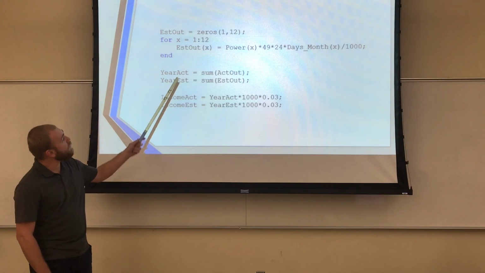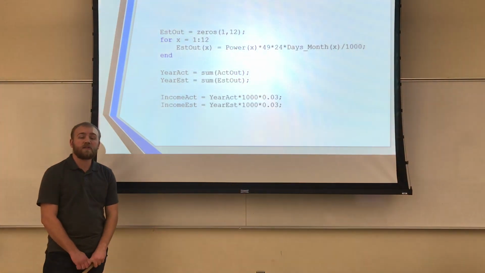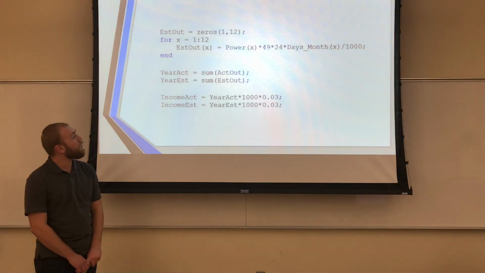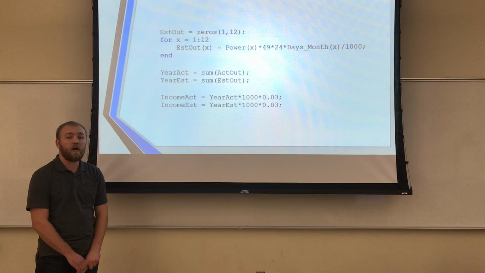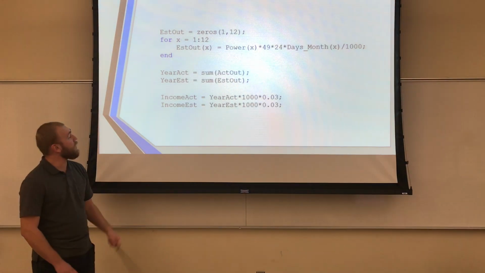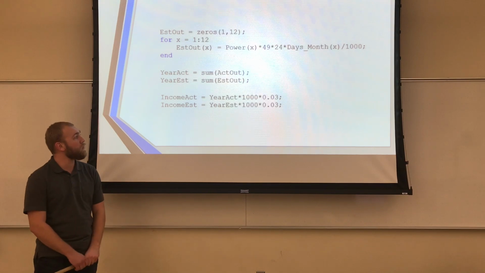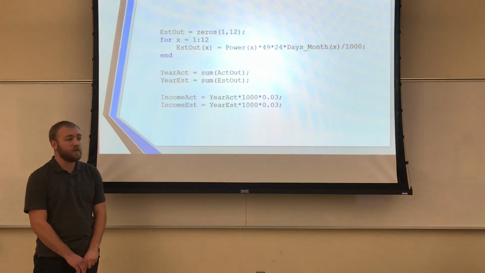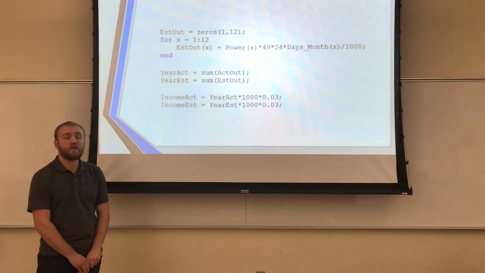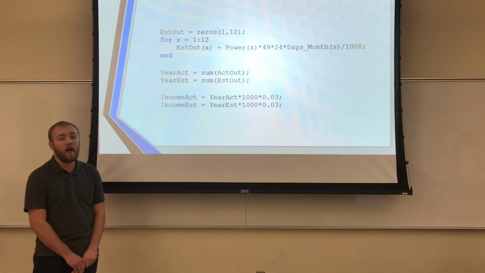After that, the year actual output and the year estimated output are used as the sum of the individual arrays. The sums can then be compared because they're both in megawatt hours. At the end, the income actual and the estimated income can be calculated by the actual and estimated respective values for the output times 1,000 to convert from megawatt hours back to kilowatt hours, and then times 3 cents per kilowatt hour for the buyback rate.